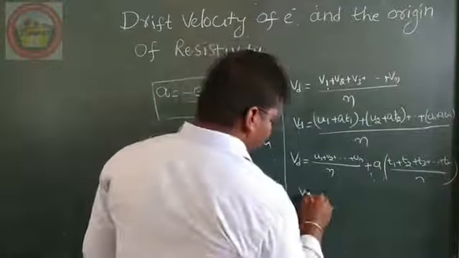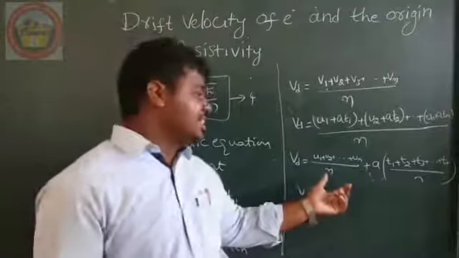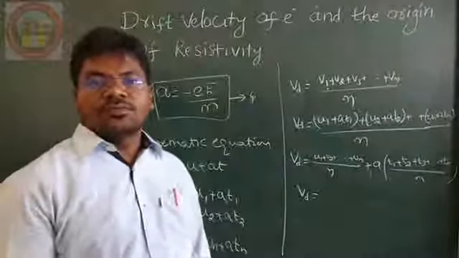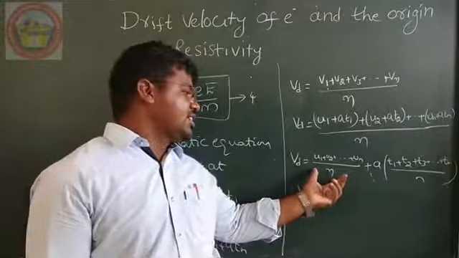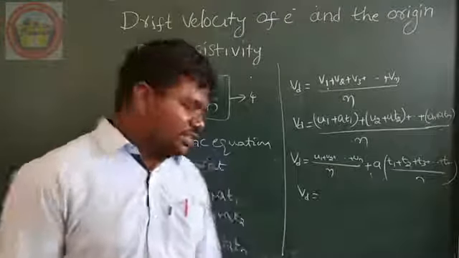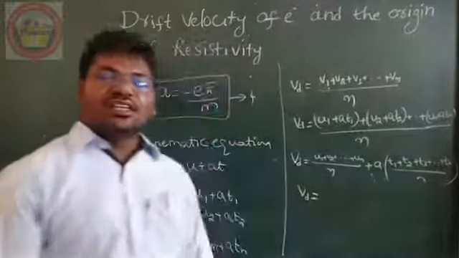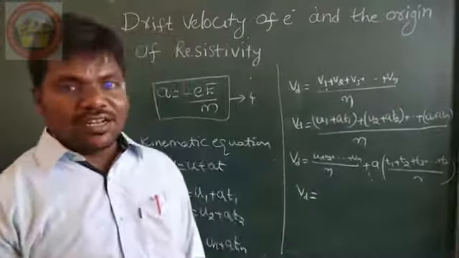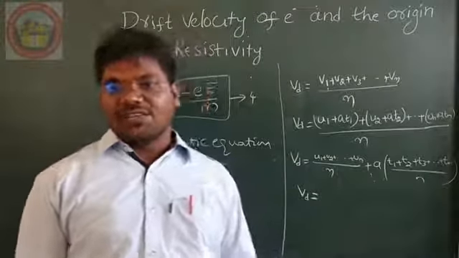Okay, here the average initial velocity of electrons is 0. Understand? The average initial velocity of electrons is 0. So we can say that is the thermal velocity of electrons inside the conductor in the absence of an external electric field.